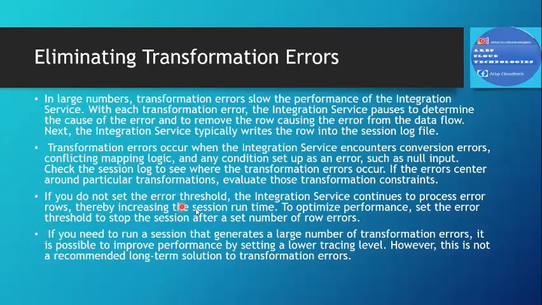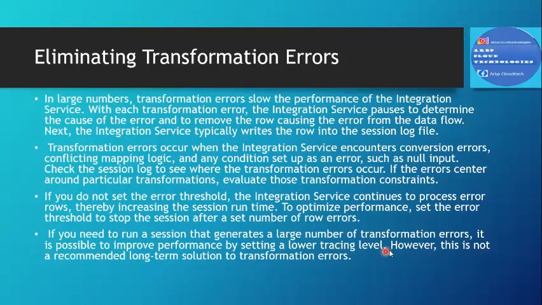If you don't set the error threshold, the IS service continues to process error rows, thereby increasing the session runtime. To optimize performance, set the error threshold to stop the session after a set number of error rows. If you need to run a session that generates a large number of transformation errors, it is possible to improve performance by setting a lower tracing level.